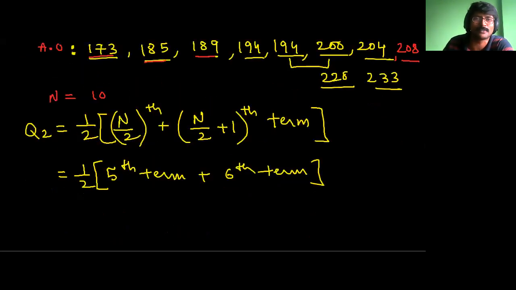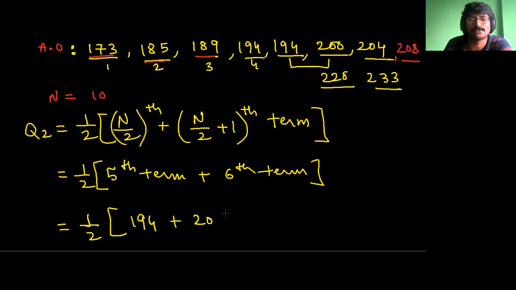Now what is the fifth observation? Look at this. This is 1, this is 2, this is 3, this is 4, and this is fifth. So the fifth observation is 194. And what is the sixth observation? 200. So what is the average of these two?